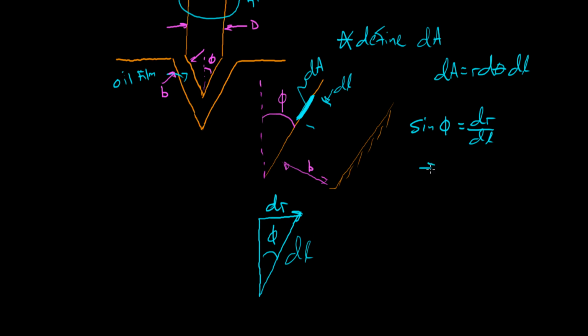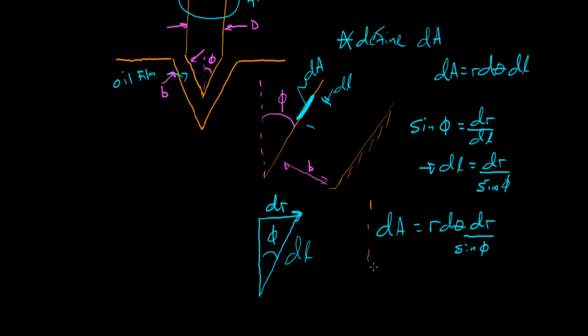We can rearrange this and find that dl is equal to dr over the sine of phi. So if I sub that in, I get my differential area in terms of my fundamental coordinate system, r d theta, and then we replace the dl with a dr, but we have to divide by the sine phi. So there's our differential area. That's really the tricky part.